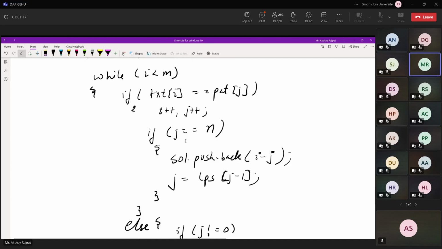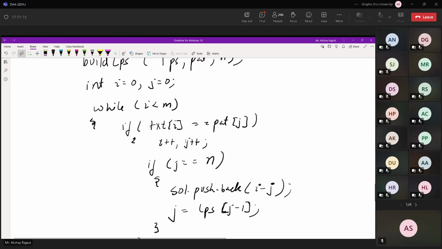You have written this? The whole code? If you have not, please raise your hand. If you have not written the whole code, please raise your hand.